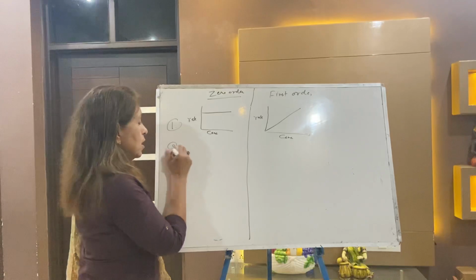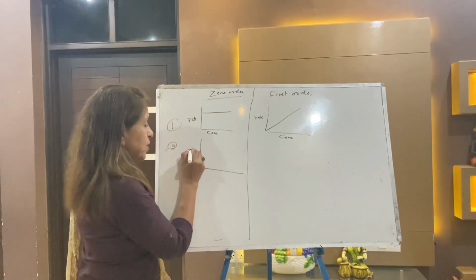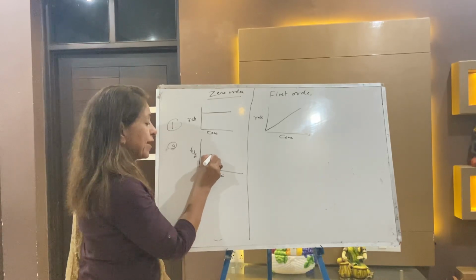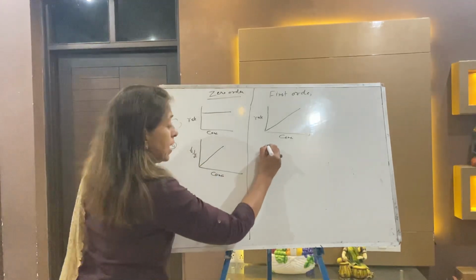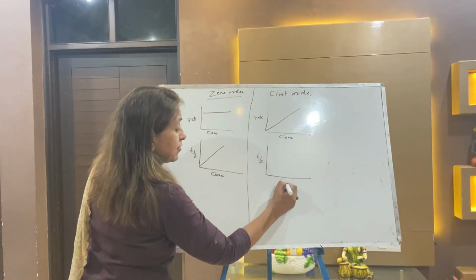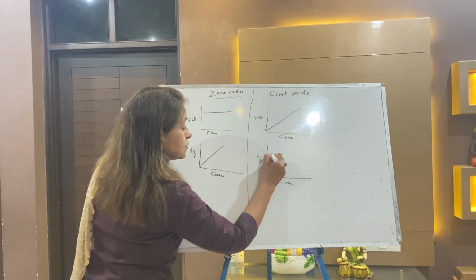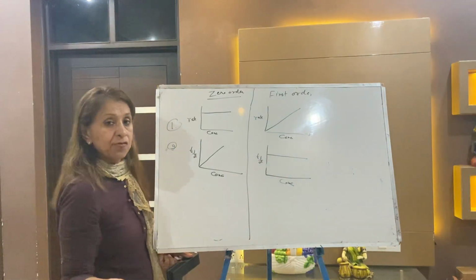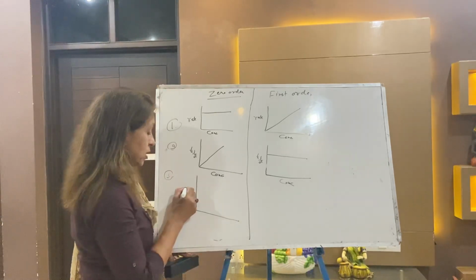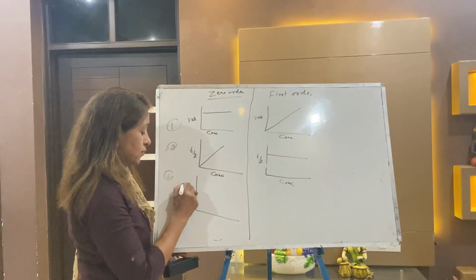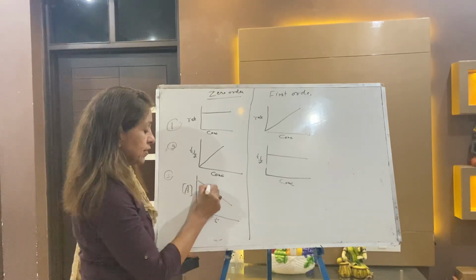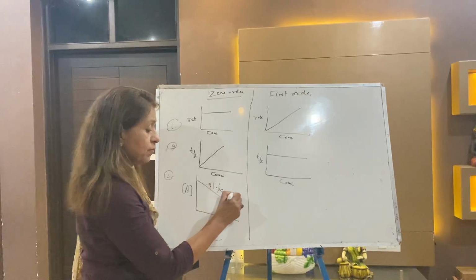Second, if we plot a graph between half-life and concentration, in zero order it is directly proportional. Remember this. And in first order, it is independent; we have derived it. Third graph: if you plot concentration on the y-axis and time on the x-axis, the graph is this and the slope is equal to minus k.